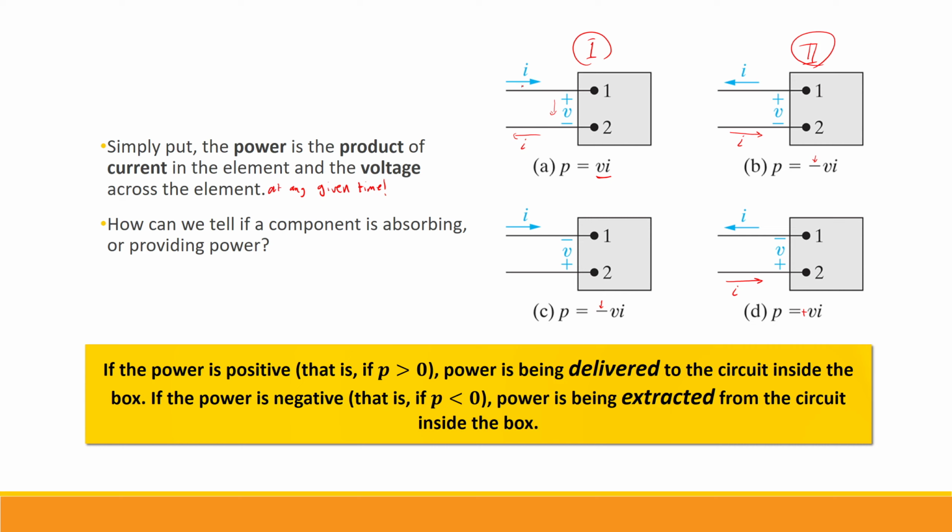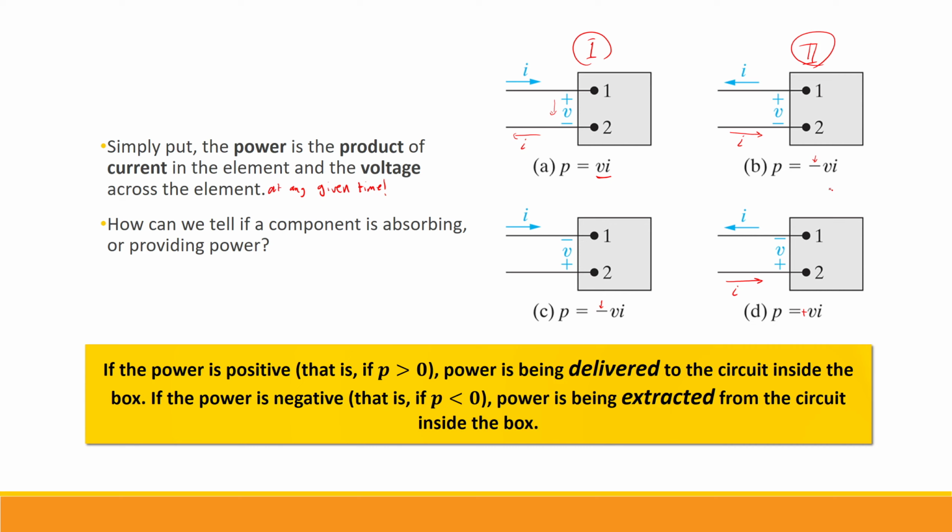Because at the beginning, when you want to solve the circuit, you assign some random directions for your current. After you solve it, you may see that the value for this current is calculated to be negative 5 amps. That means that you have negative 5 amps going in this direction, or it means that you have 5 amps going in the opposite direction.